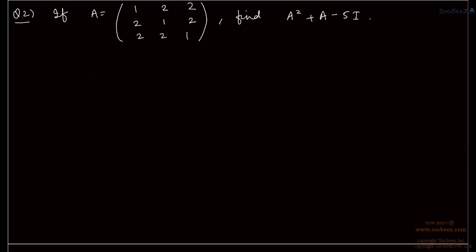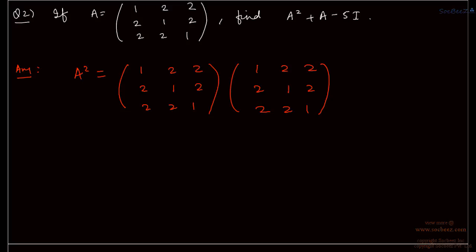The next one: if A is equal to [1 2 2; 2 1 2; 2 2 1], find A² + A − 5I. Okay. Once we know A, we'll directly set out to find A². So A² is just this matrix multiplication of A with itself. This is 1 + 4 + 4, that is 9.